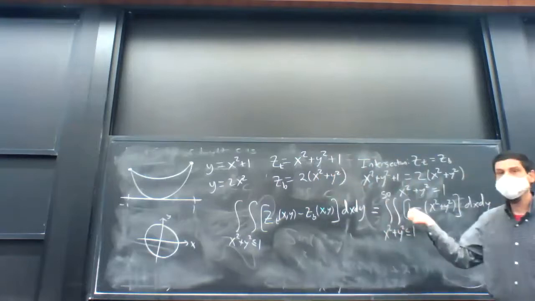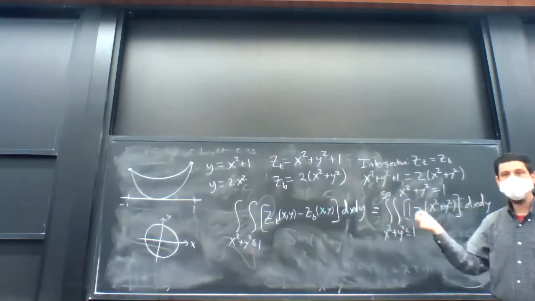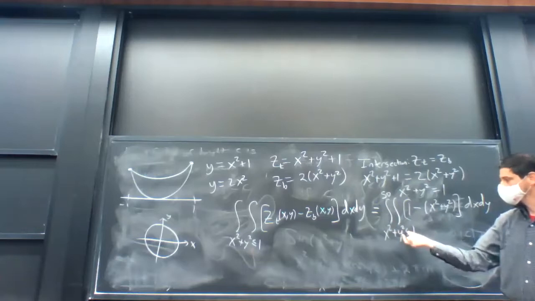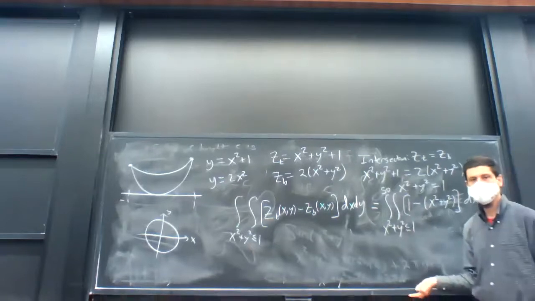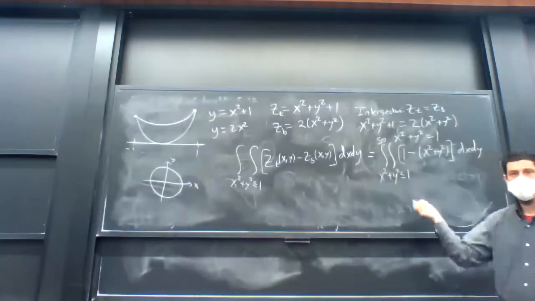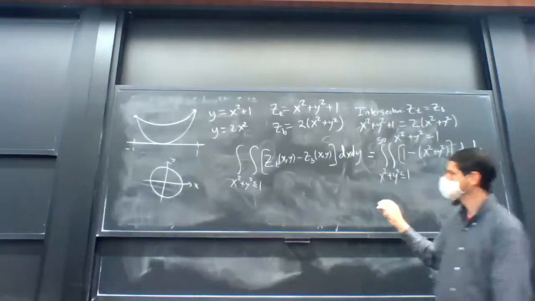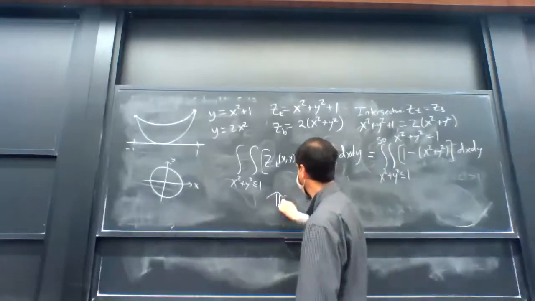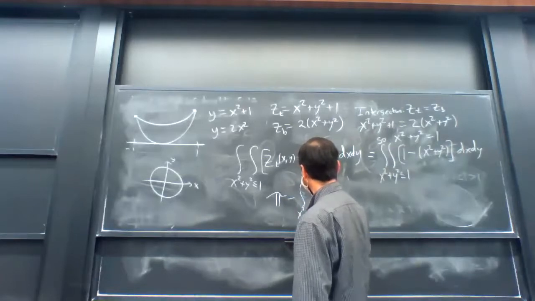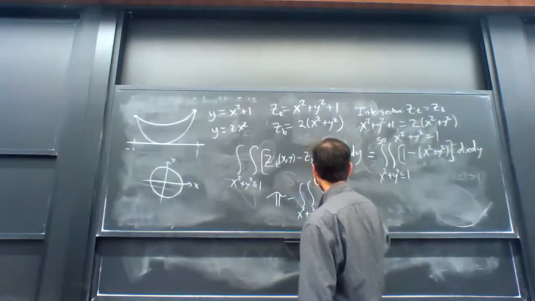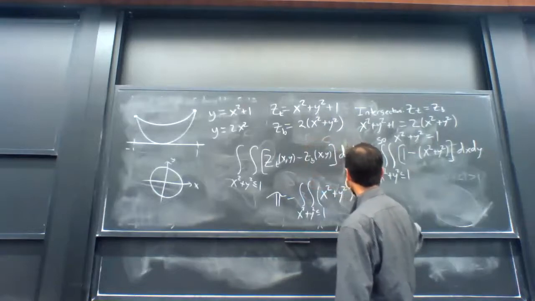If you integrate the function 1 over a region, it's just the area of the region. What's the area of the region x squared plus y squared less than or equal to 1? What kind of region is that? Yeah, it's a circle of radius 1, so it's just pi minus the integral over x squared plus y squared less than or equal to 1 of x squared plus y squared dx dy.